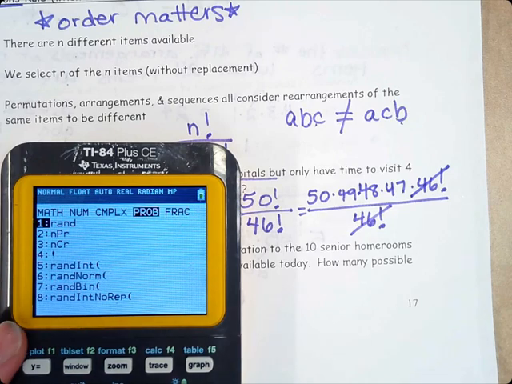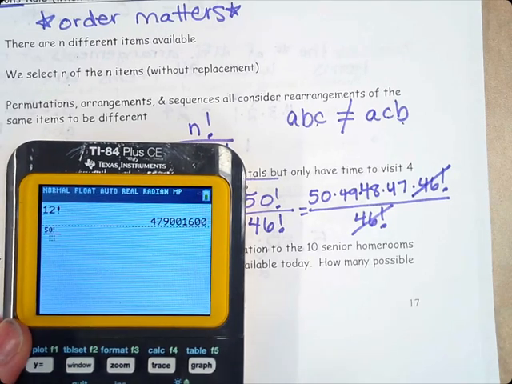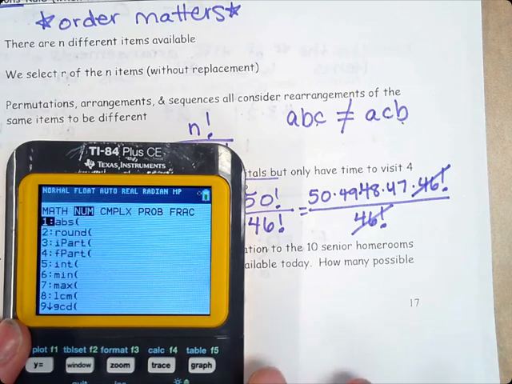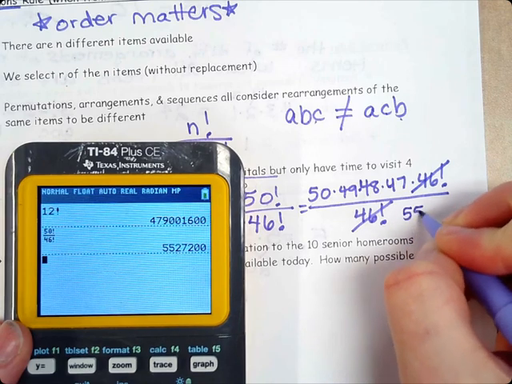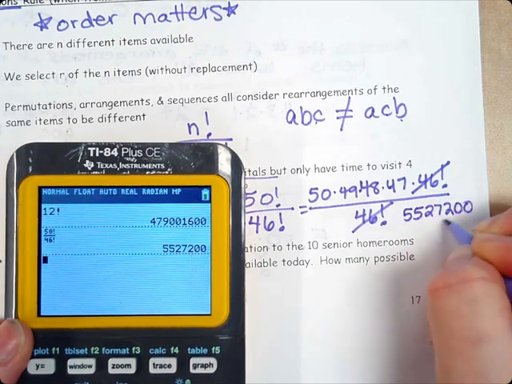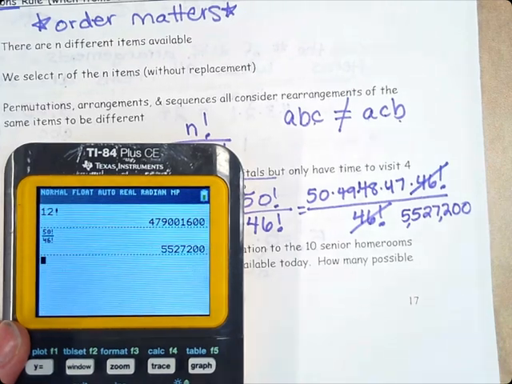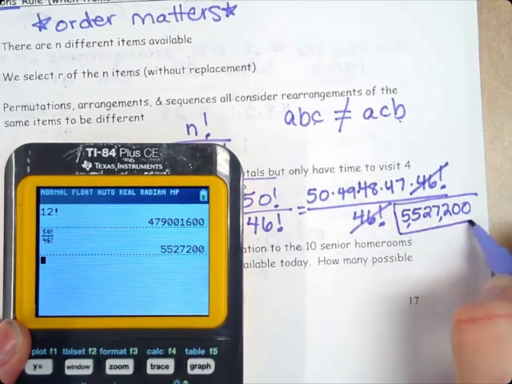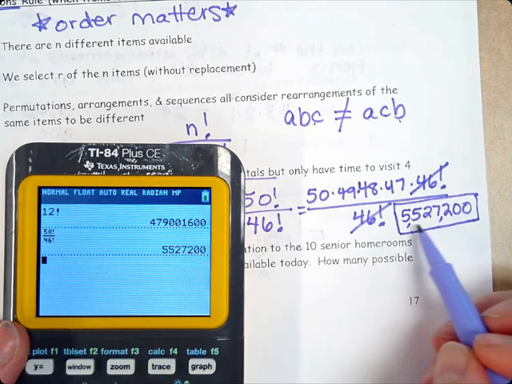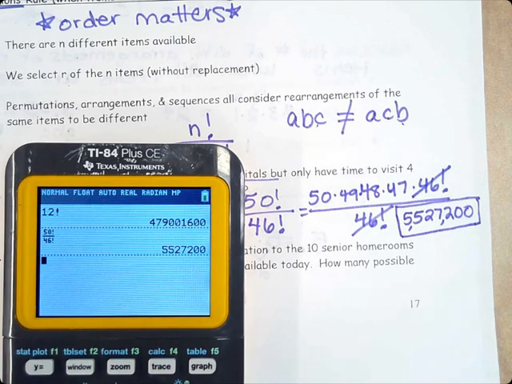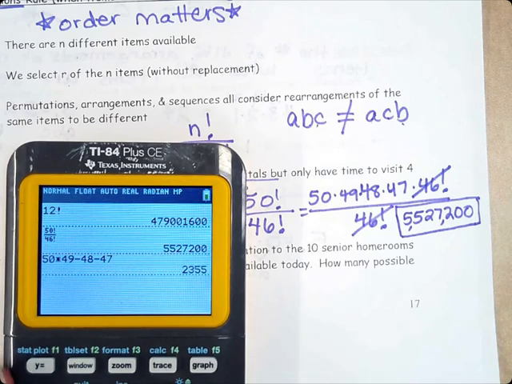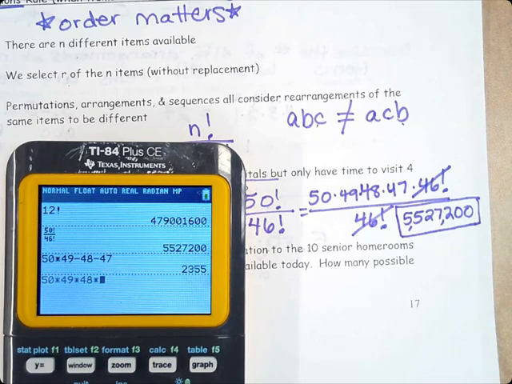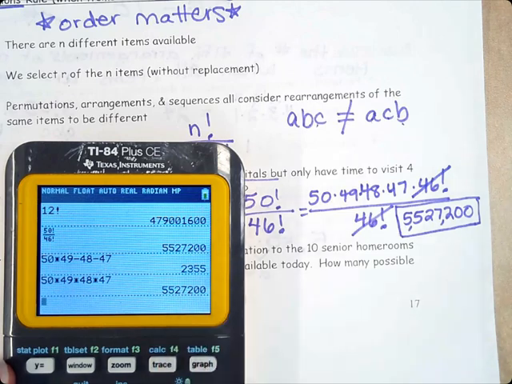So I'm going to show you. 5,527,200. But if I do 50 times 49 times 48 times 47, oh, I put minus, whoops. 50 times 49, 48, 47, I get the same thing.